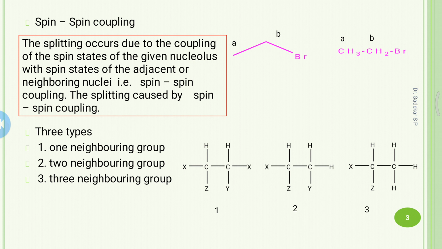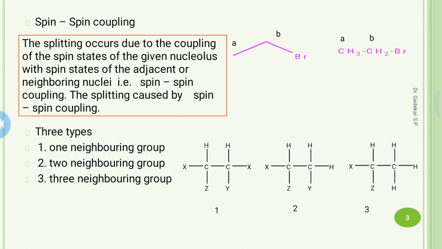Next, spin coupling. Take the example of ethyl bromide. It gives two signals; A splits into 3 peaks and B splits into 4 peaks. The splitting occurs due to coupling of the spin state of the given nucleus with the spin state of adjacent or neighboring nuclei.